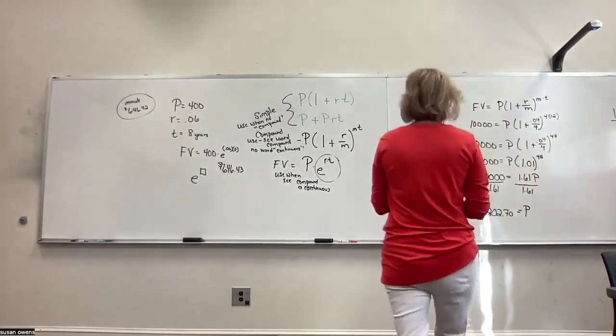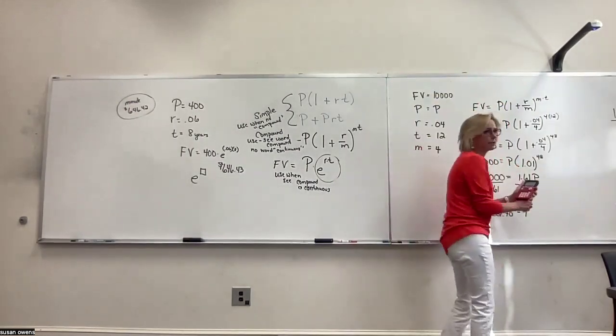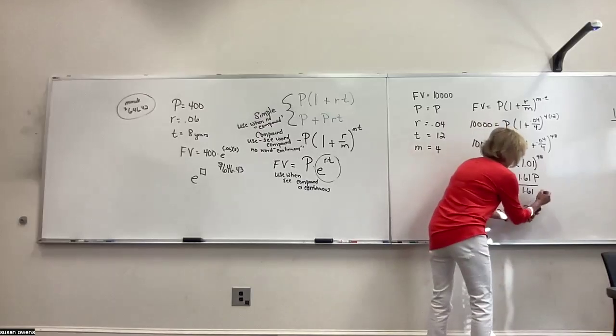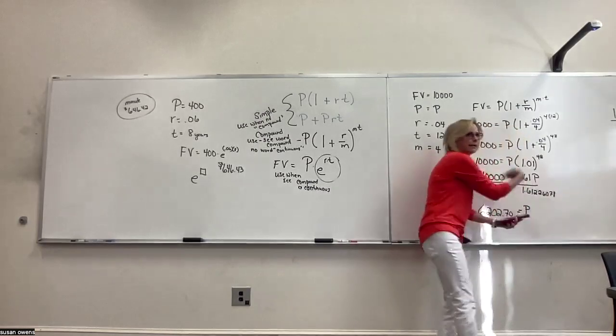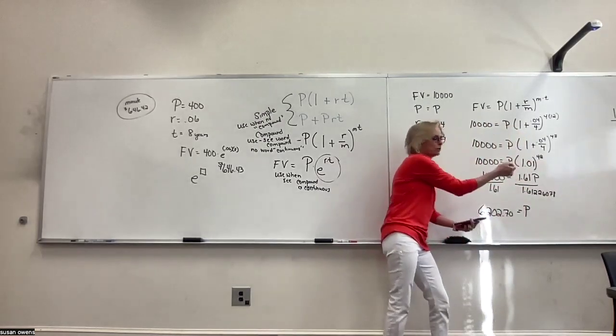Oh, okay, yeah, so this number got rounded a lot. This is really 22607.8 if you do the whole decimal.